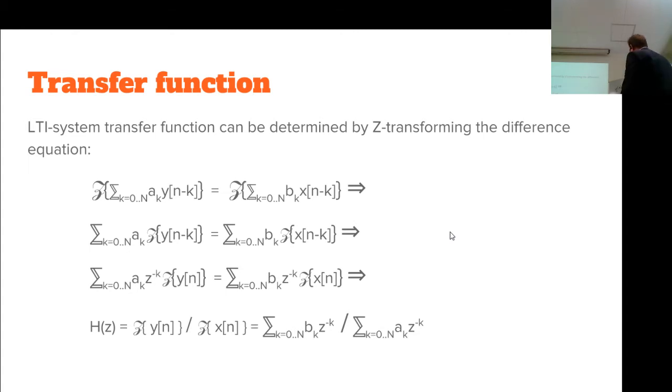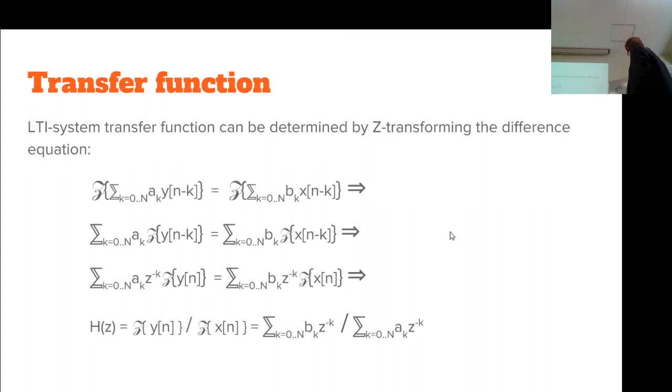Okay, this system's transfer function H(z) is simply: you take those elements, and this is just an nth degree polynomial of z, and those are the polynomial coefficients.